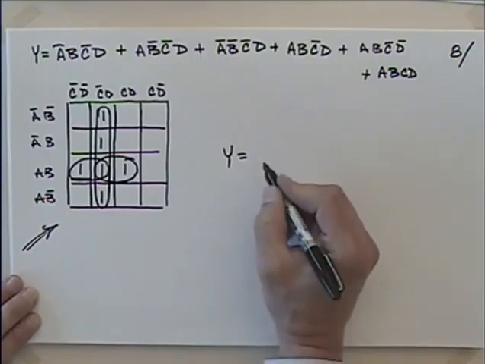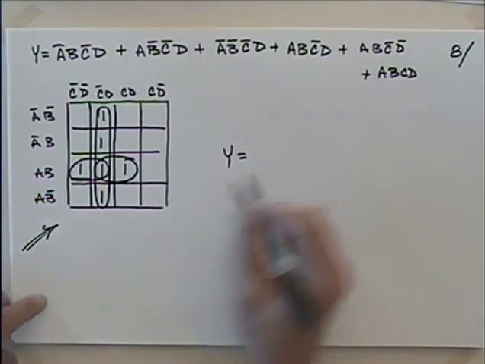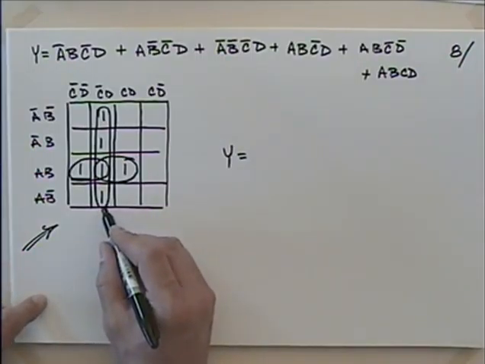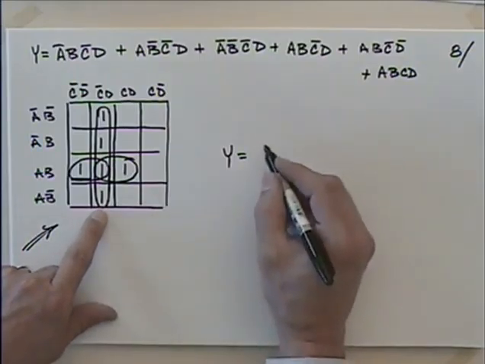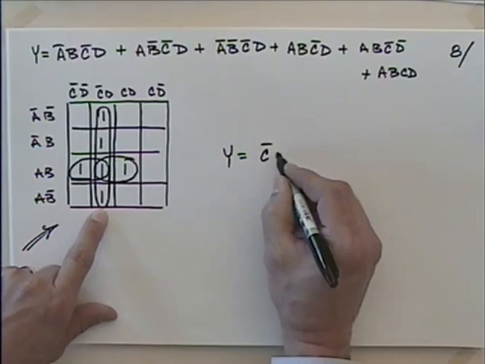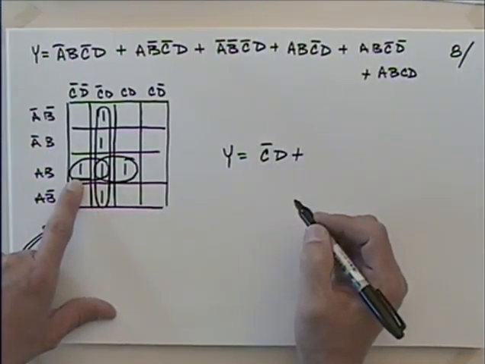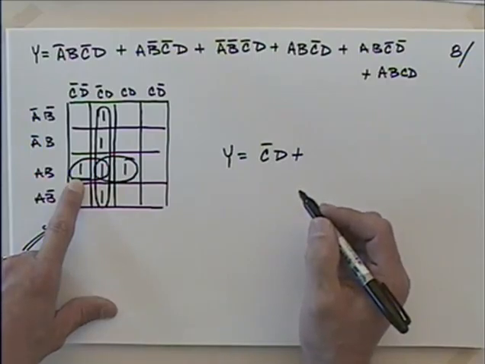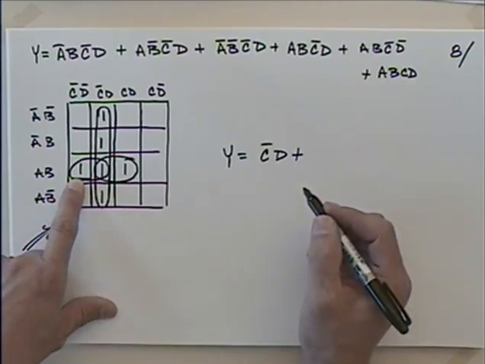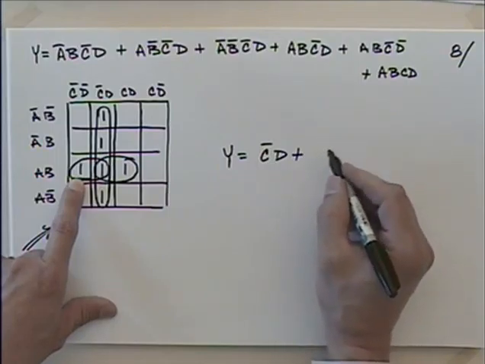So what do we learn from this? This large vertical circle of 4, what does that say? A, B really aren't playing in this thing, are they? We just have not C and D. Or then if I go to this one, what's that telling us? A, B, and not C. Great.